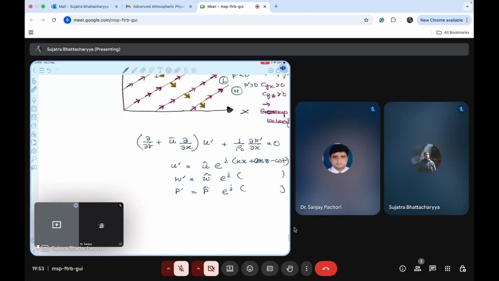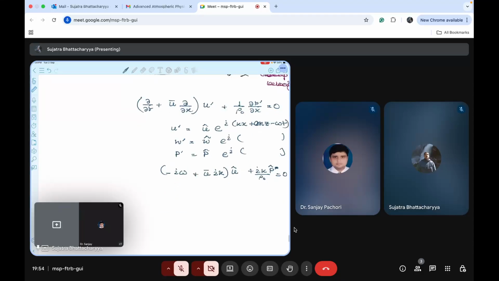So if we put it here, we can write this expression as minus iota omega plus u bar iota k times u hat, plus iota k p hat divided by rho naught, that is equal to 0. So we can write omega minus u bar k times u hat is equal to k p hat.